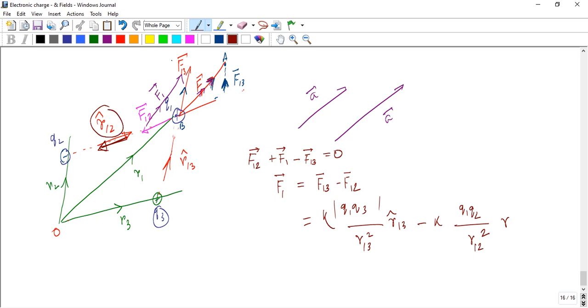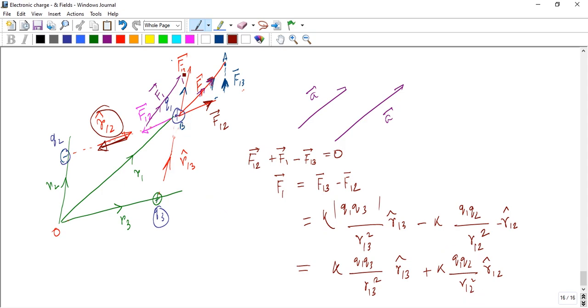Previously, when the force F12 was from left to right, R12 was the displacement vector, but here the force is right to left, so that is minus R12 cap. So F1 is minus K Q1 Q3 by R13 square, R13 cap, minus plus K Q1 Q2 by R12 square, R12 cap.